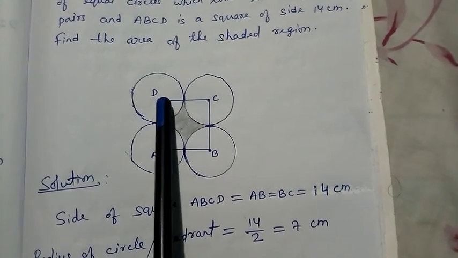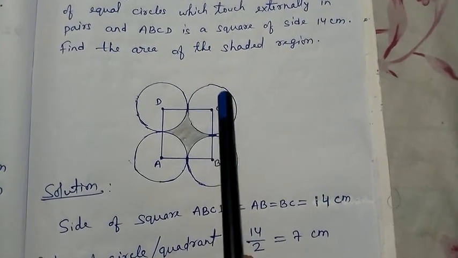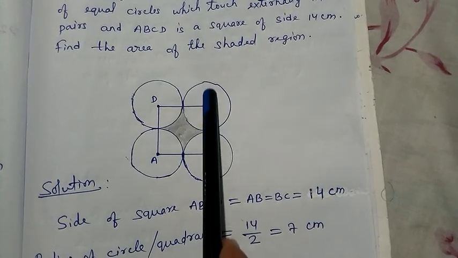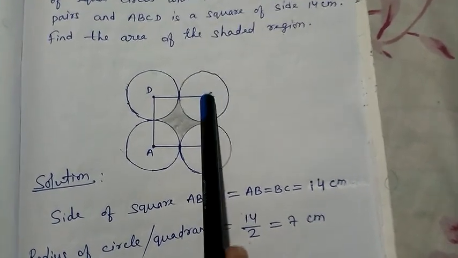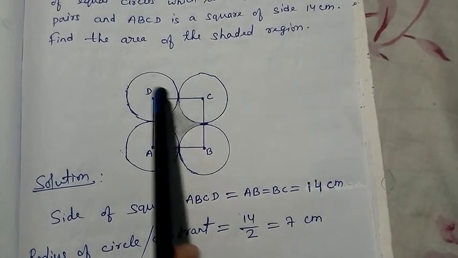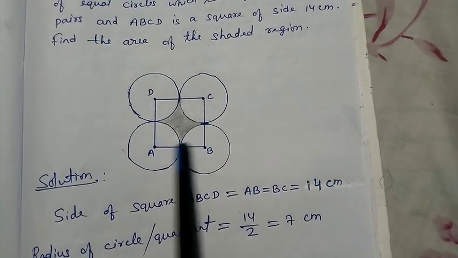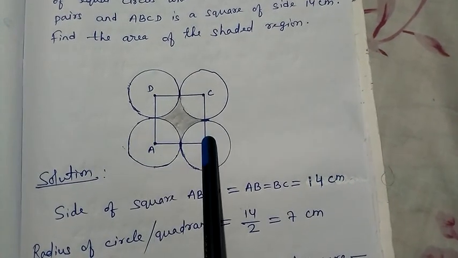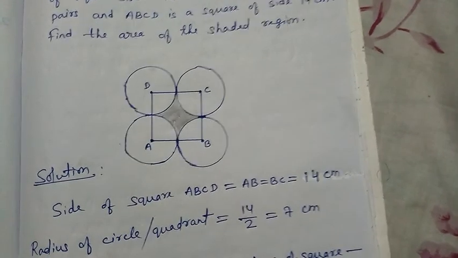As you know, the side of the square is 14. If you make it half, that is 7, then this 7 will be the radius of each quadrant, because everything is 14, and if you take it half, this half will be your radius.